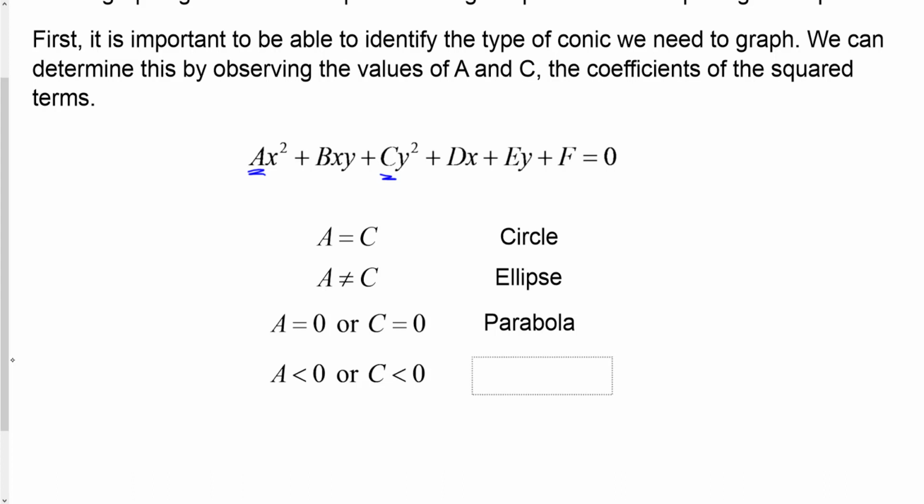If one of the two is negative, that's the important thing. So sometimes textbooks will say if a times c is less than 0. So that would mean if only one of the two were negative. Then you would be working with a hyperbola.